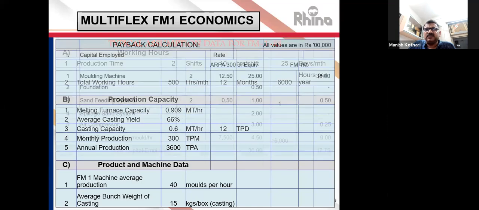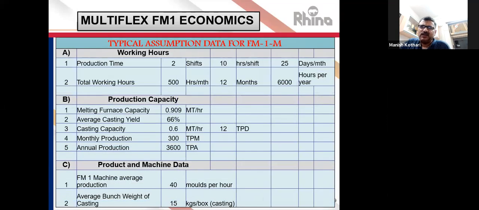So, of course, this is something which we had done at that time for working out the economics, because as I said, the financial implications were important. We did a little bit of case study of a foundry with a small molding machine doing 40 molds per hour, a capacity of 12 tons per day casting.